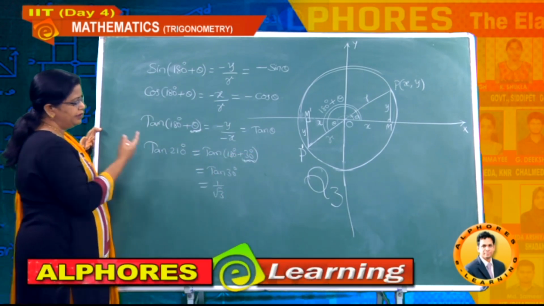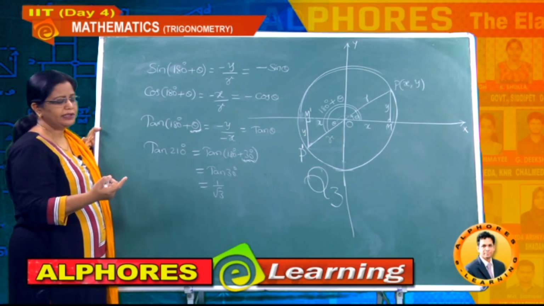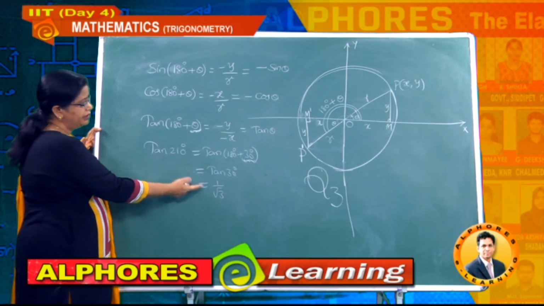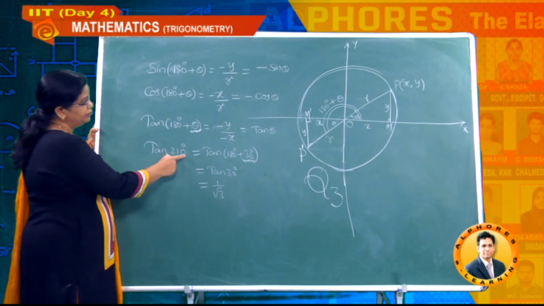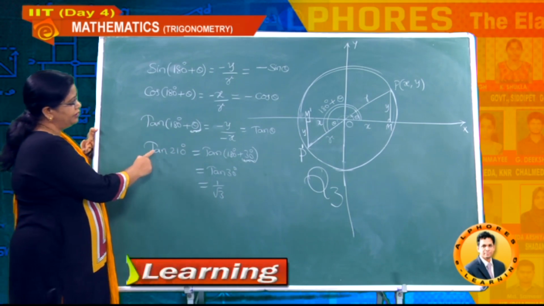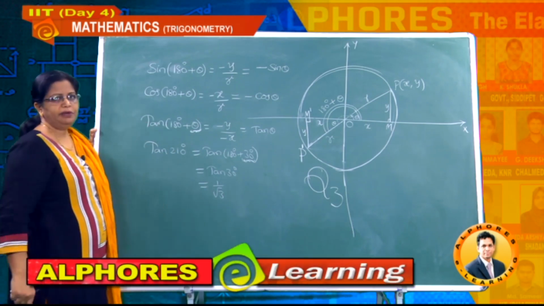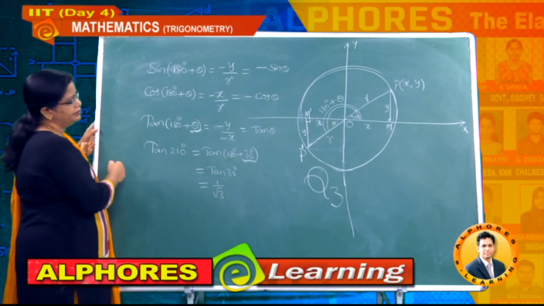Now you observed the tabular form yesterday, we discussed only for 0, 30 etc. Now you are learning more angles also. 210 degrees you can write immediately, in only one step, even you can calculate in your mind also. Directly you can say 180 plus 30 third quadrant, hence the answer 1 by root 3. So this is the advantage of this kind of values.